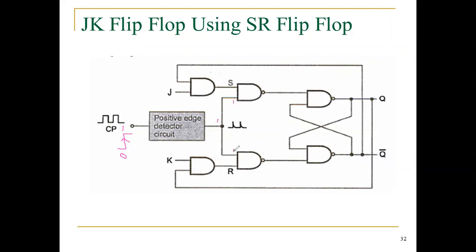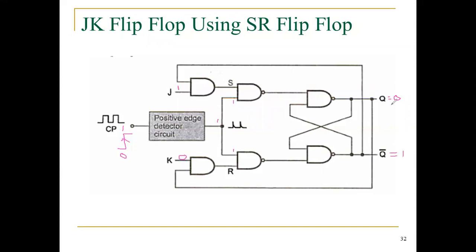One of the inputs of these two NAND gates is 1, 1 now. Now the J input equal to 1, K equal to 0. So initially, I assume this output equal to 0. This will be 1.